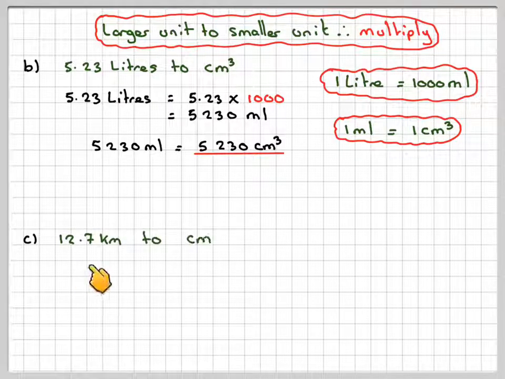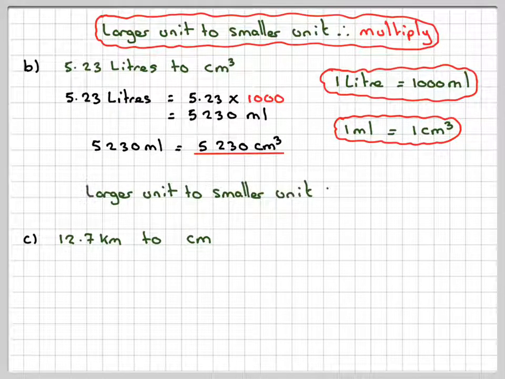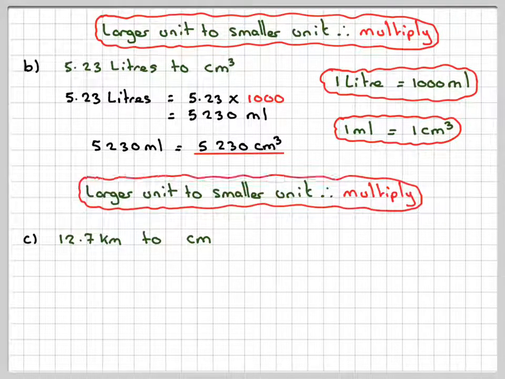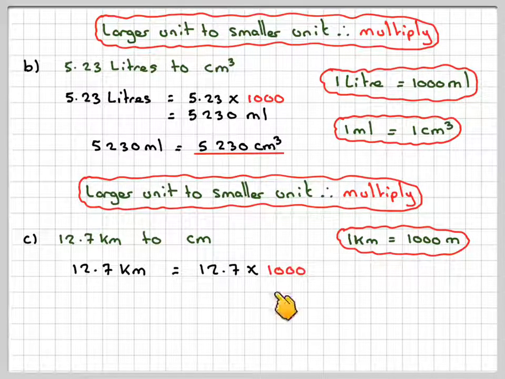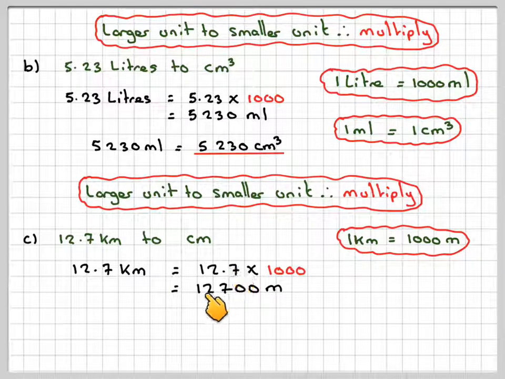Part C, 12.7 kilometres to centimetres. So we're going from a larger unit to a smaller, so we'll end up multiplying by the conversion factors. So 1 kilometre is 1,000 metres, so we'll need to work out 12.7 times 1,000, which will be equal to, so move the decimal point 3 places, 12,700 metres.